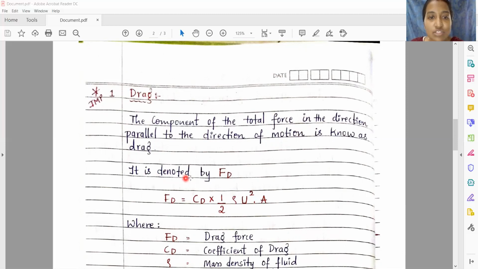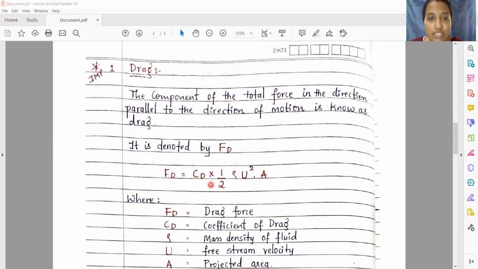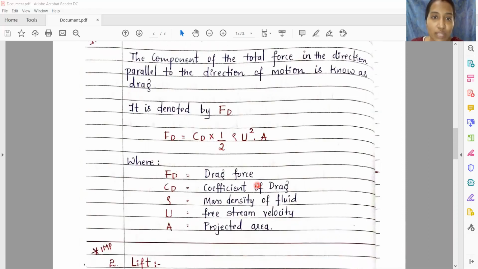It is denoted by FD, the drag force, and FD equals CD into half rho U square A. Here FD is the drag force, CD is the coefficient of drag, rho is the mass density of the fluid, U is the free stream velocity, and A is the projected area.